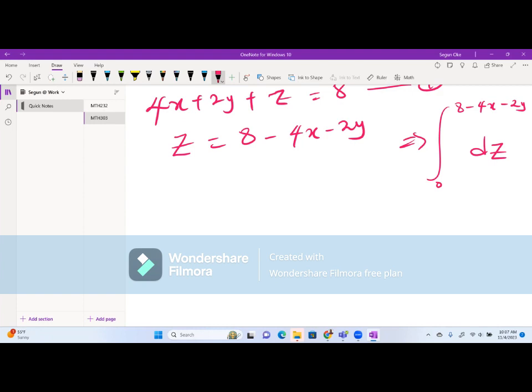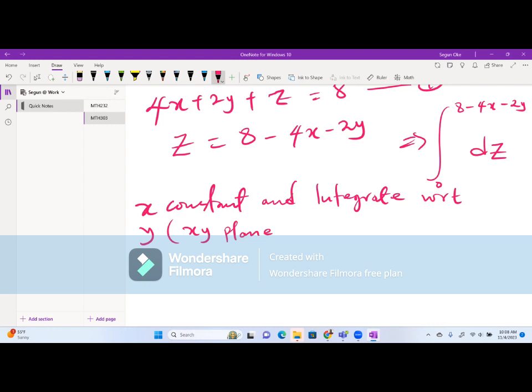So let's write x constant and integrate with respect to y. That is the xy plane.